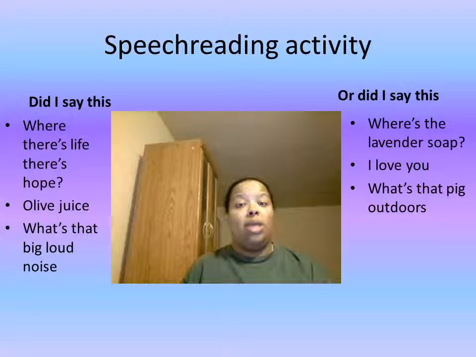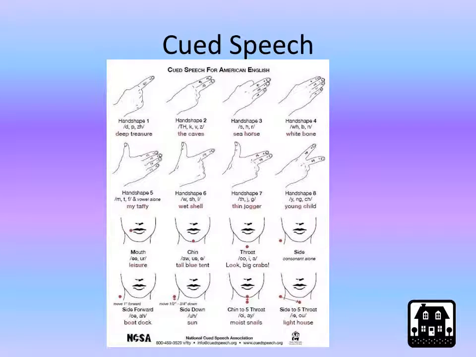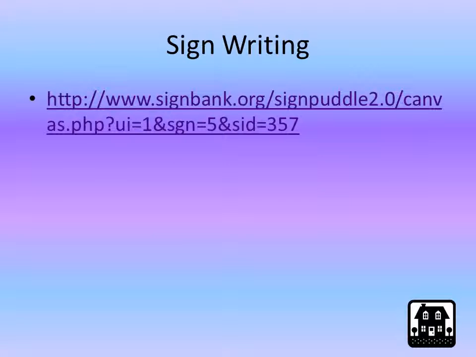Okay, so what do you think you saw? What I actually said was the three phrases in the left-hand column. Cued speech is used by a very small portion of the deaf community, but it is used to assist deaf individuals.